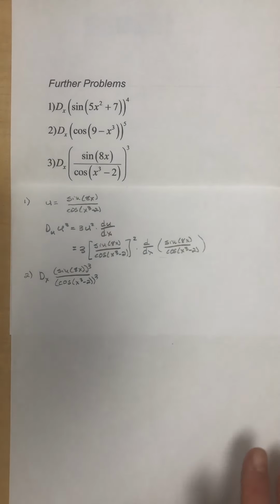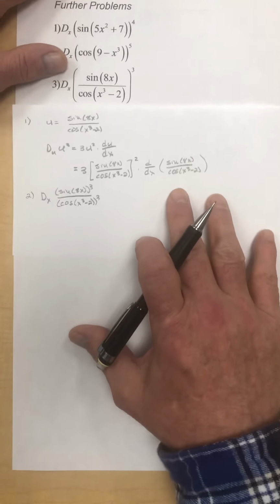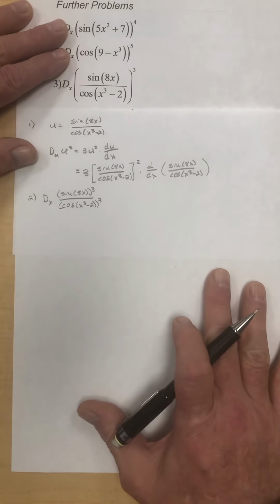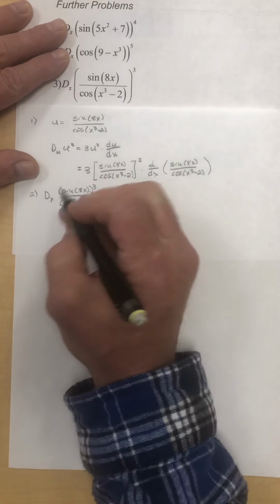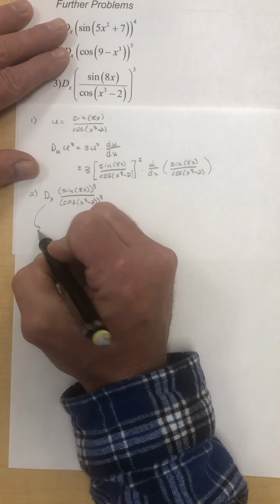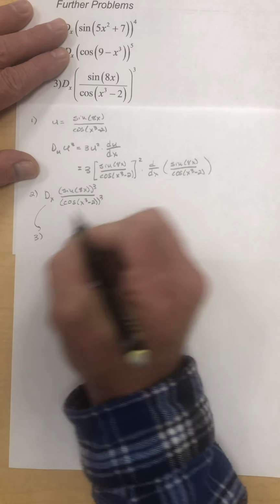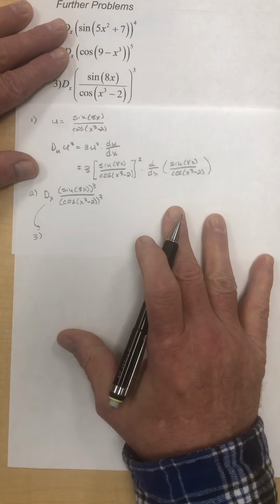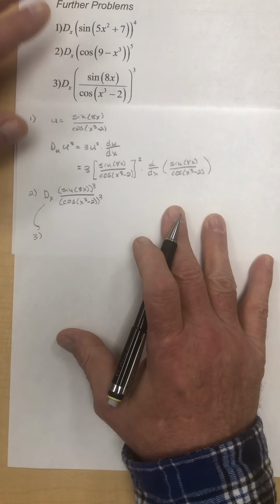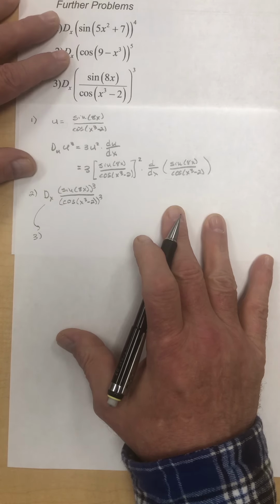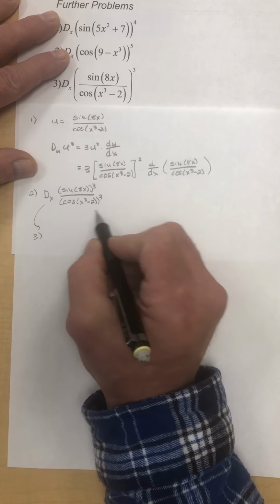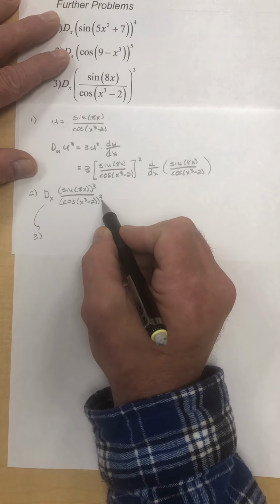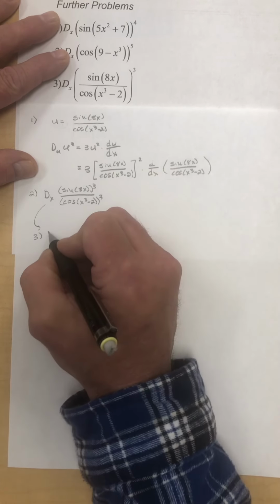Let me push this up a little bit. What if we take this guy right here, and we rewrite it as a product rather than a quotient, just by taking the bottom, and rather than having it to the third power, we have it to the negative third power.